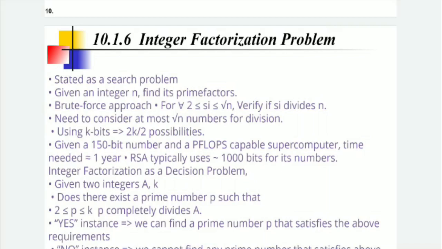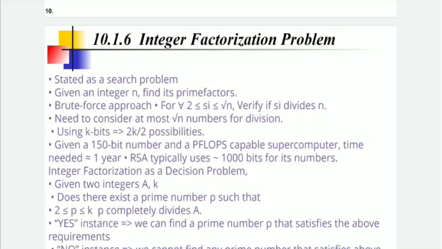To solve this, we apply a brute force approach. In the brute force approach, we traverse through all the numbers in the interval 2 to root n, and we verify every single number to see whether it divides n.